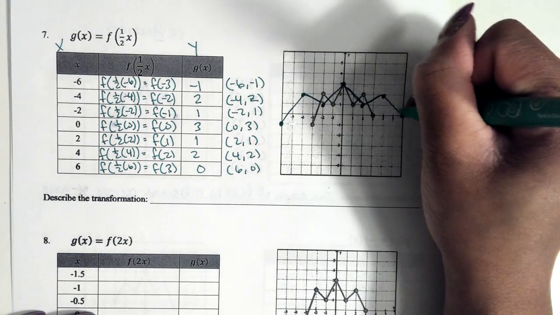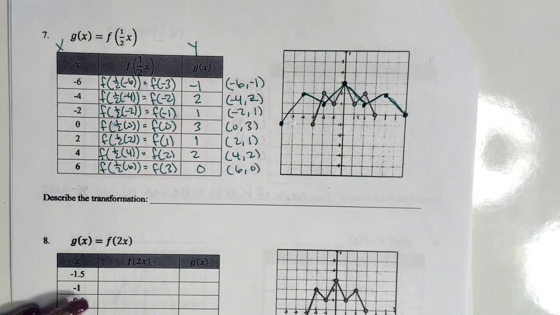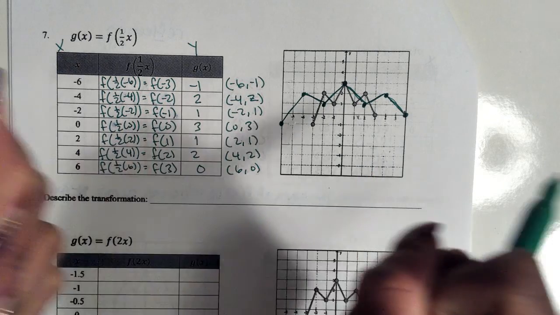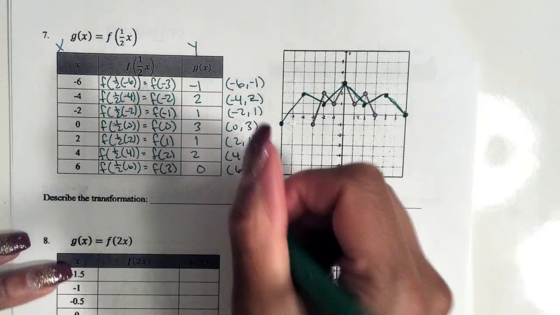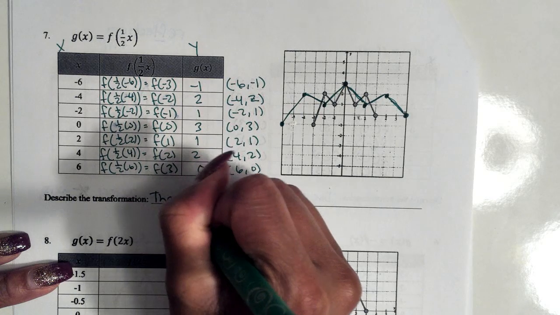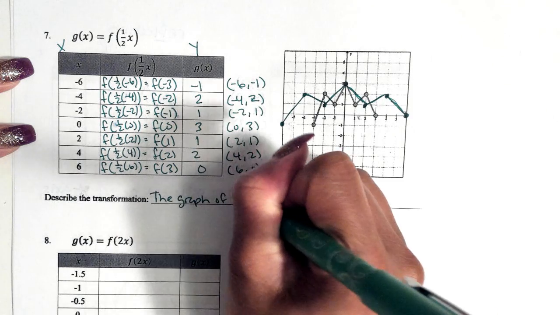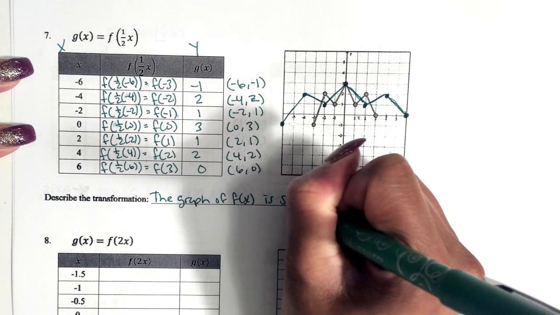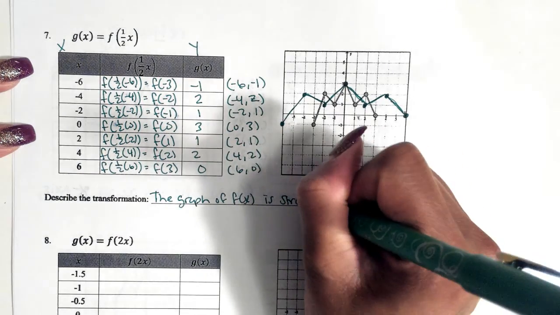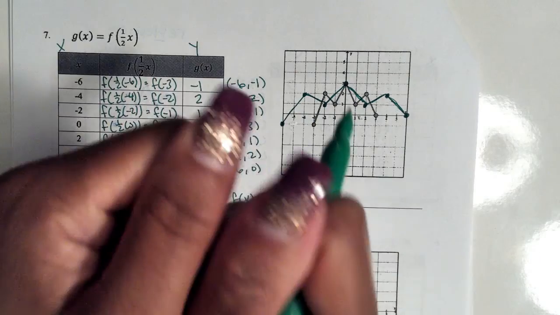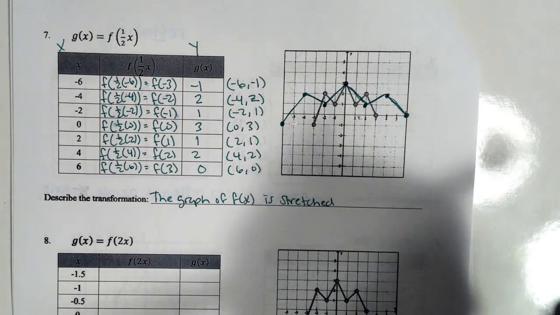So something happened here. Okay, so what happened to this line? So the graph actually got bigger. It stretched out. So it's like we took a slinky and we were to stretch it on out. So the graph of f of x is stretched, and it's stretched a certain way. So we didn't stretch it long ways, you stretched it this way, and going left to right is horizontally.